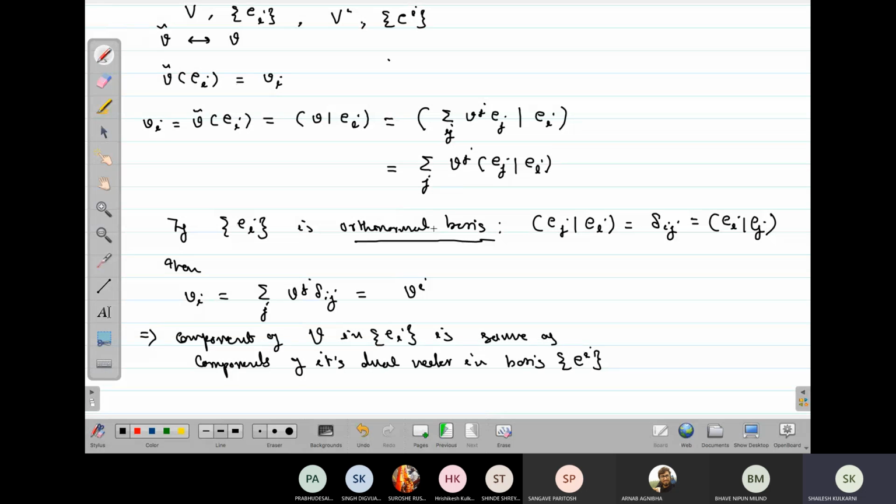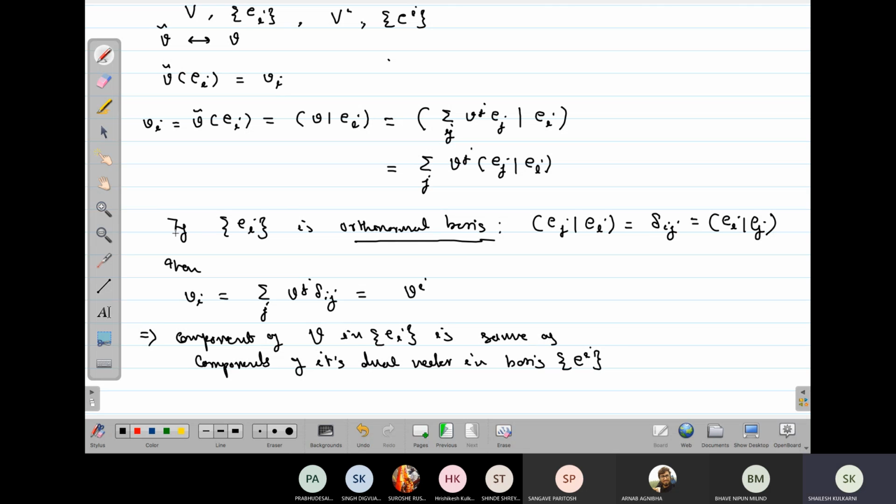In general, V_i is not equal to V^i. That's why we distinguish between components of a vector and a dual vector by upper and lower index. In general, they are not the same. If your basis is orthonormal, then they are the same, and this is the usual case. We are familiar with this from the beginning.